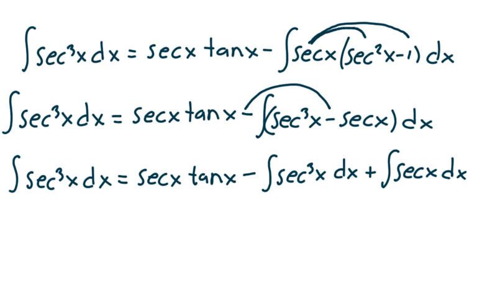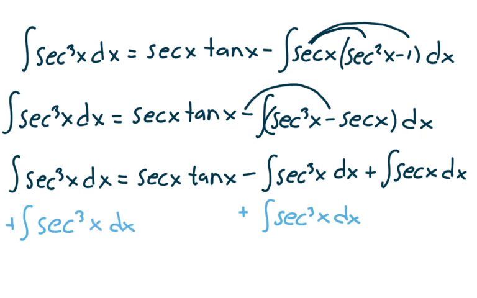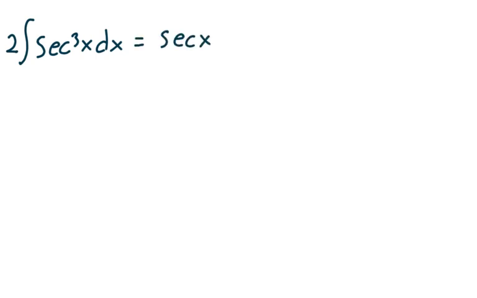And so what I do from here, I'm going to add the integral of secant cubed x dx to both sides. So we cycle back to the integral of secant cubed x dx. And then what I get is the integral of secant cubed x dx, and remember this is times 2, is equal to secant x tangent x plus the integral of secant x dx.